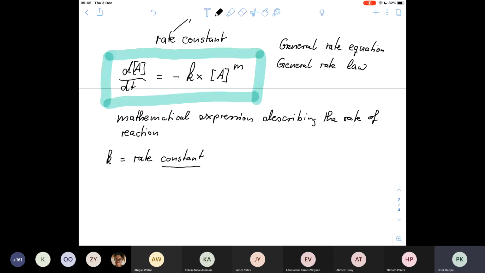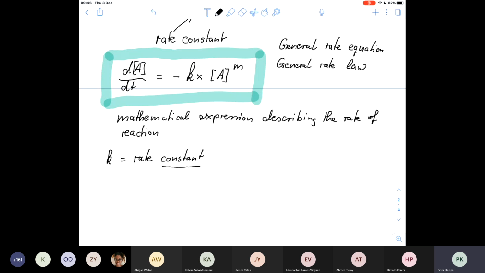If we don't change our conditions of the reaction, then this rate constant will stay pretty much constant. So K equals rate constant. Why is it called a K? Because much of that stuff was developed by German scientists in the 1900s. And in German, you write constant, instead of a C, you write it with a K. That's why you've got the K.